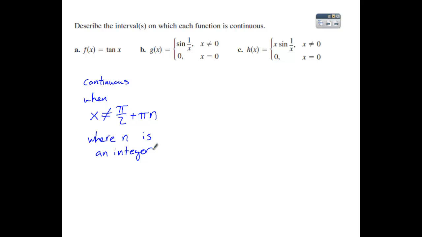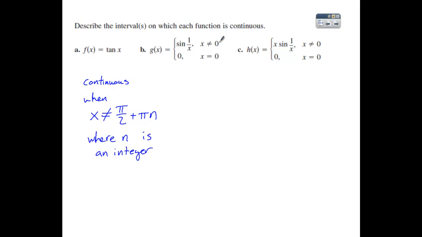Next, g of x is equal to sine of 1 over x when x doesn't equal 0, and 0 when x does equal 0. So the limit as x is approaching 0 from the left and the right, well, it's happening at 0. If you look at the graph of this, this is an oscillating function. So it has oscillating behavior.